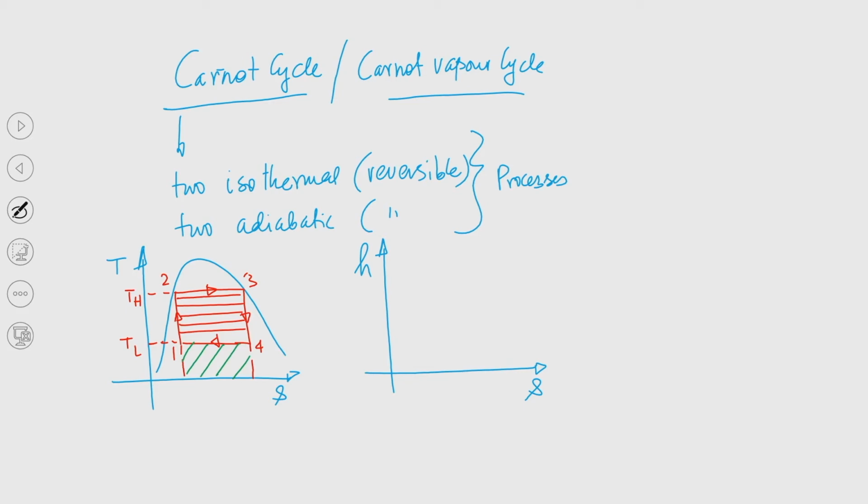So, basically two reversible isothermal, two reversible adiabatic. You can understand two reversible isothermal processes 2 to 3 and 4 to 1, constant temperature heat addition and constant temperature heat rejection, that is what we have studied. So, this is basically heat Q out and this is basically W net.